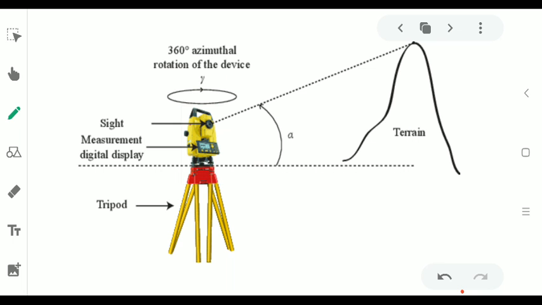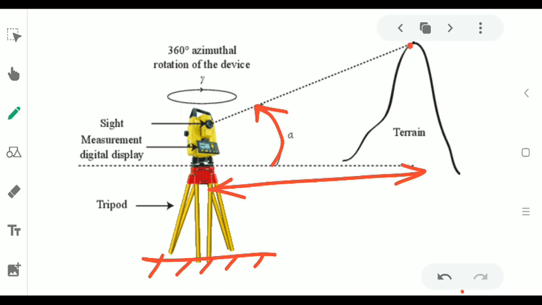जैसे कि इस फिगर में दिया हुआ है कि अगर हम किसी स्टेशन पर अपने ट्राइपॉड को लोकेट कर दें एंड वी नीड टू फाइंड आउट द वर्टिकल एंगल ऑफ दिस टेरेन फीचर, सो हम अपने थियोडोलाइट को एक पॉइंट पर सेट करने के बाद उस टेरेन फीचर को लोकेट करेंगे, एंड द एंगल दैट इज सबटेंडेड बाय दिस थियोडोलाइट will be the vertical angle, and the distance between the ground station and the terrain feature is measured with the help of trigonometric principles.